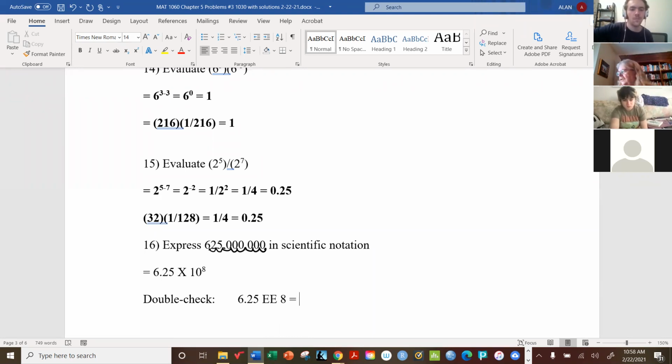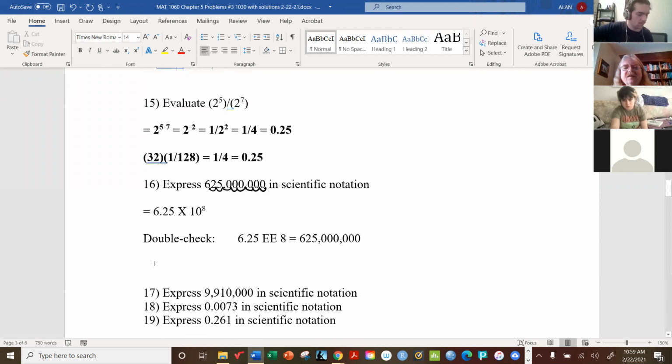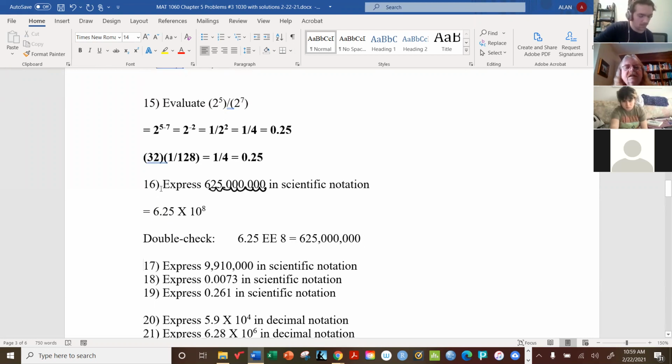So if you go into your calculator right now and type 6.25 EE8 equals, you will see that you do in fact have your original value. So we must have done it correctly. How do you like that? It's always good to be able to double check, especially with a calculator that saves you all this work.